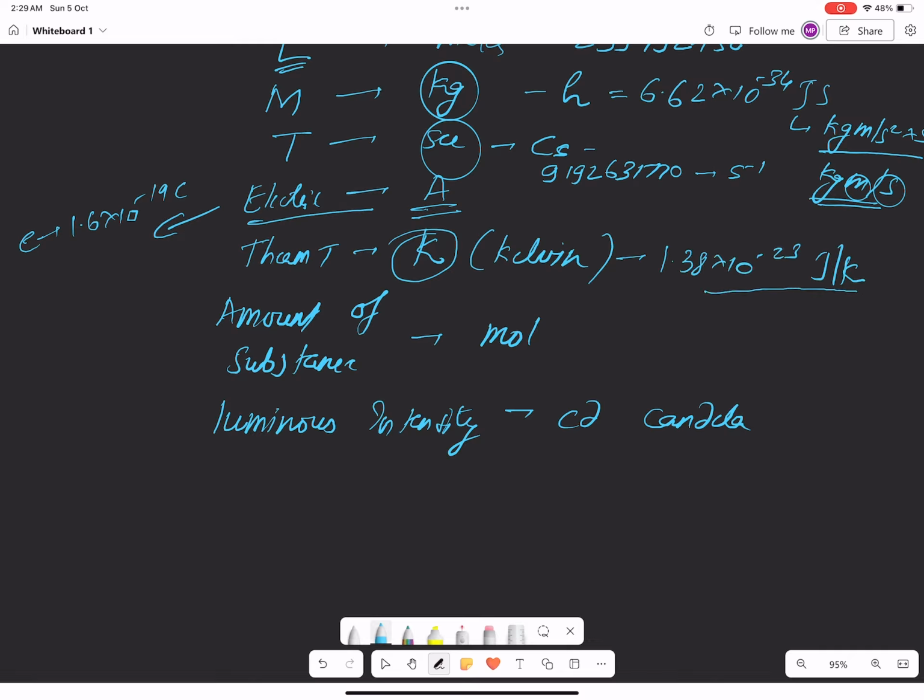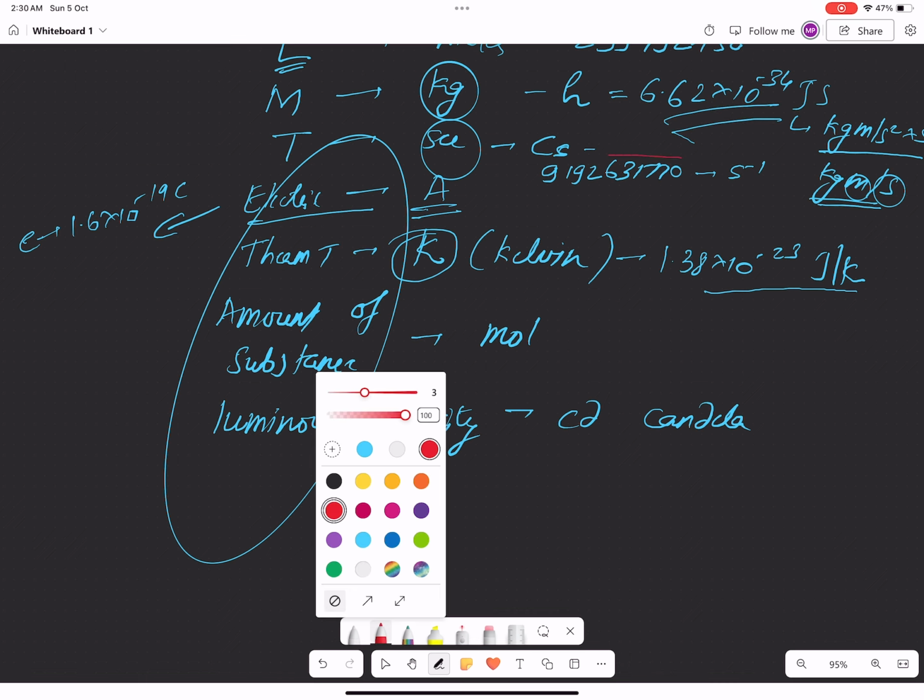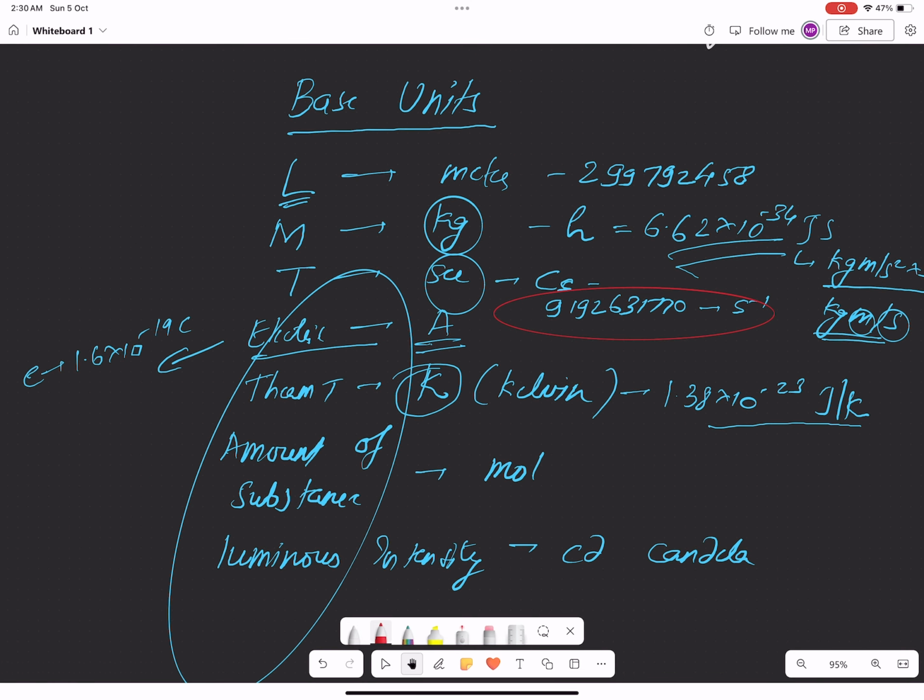So basically, to define these values, we are taking some constants: Boltzmann constant, Planck's constant, and the transition frequency of ground state cesium 133 atom. With the help of these constants we are defining these terms, okay.